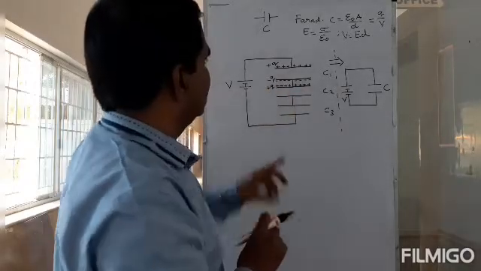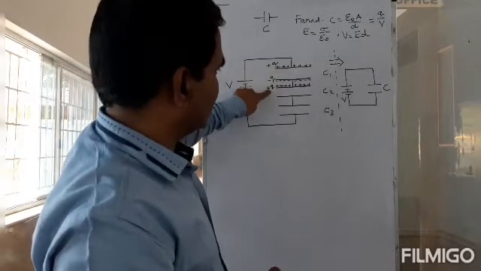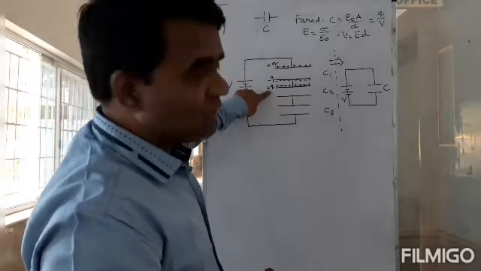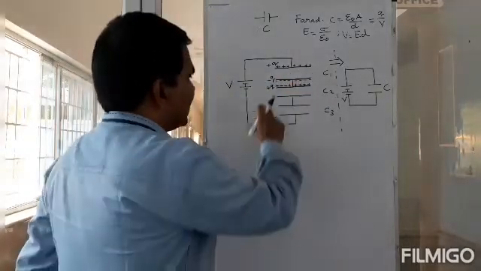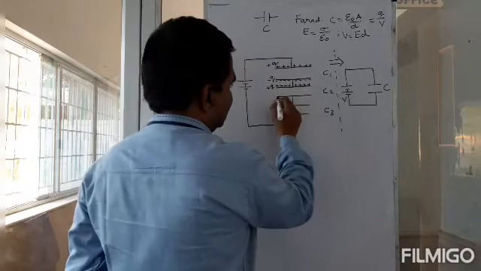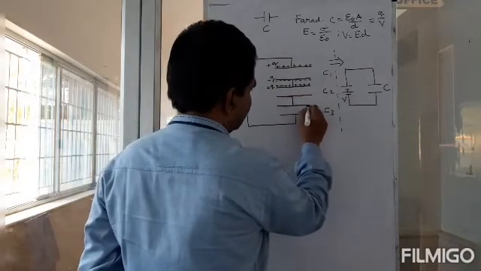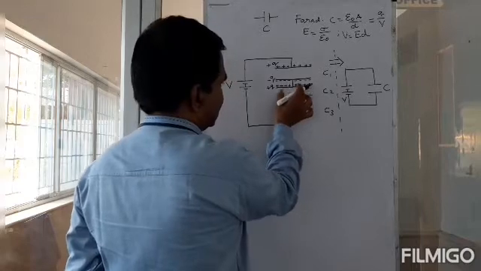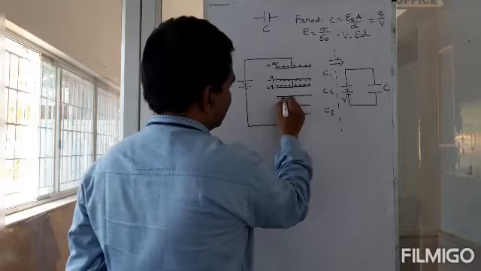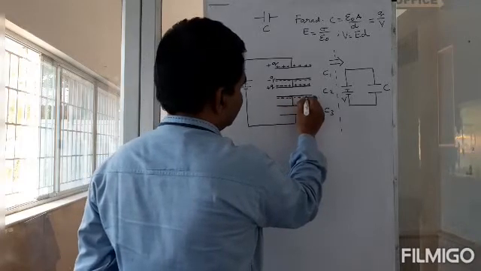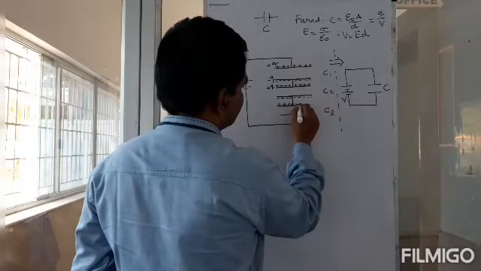Notice then that the charge here, plus Q, is also the charge here, plus Q. So both the capacitors will have the same charge. Because you have plus Q here, and this acts as a single conductor in the presence of this field, negative charges will be attracted here, leaving this part positively charged.